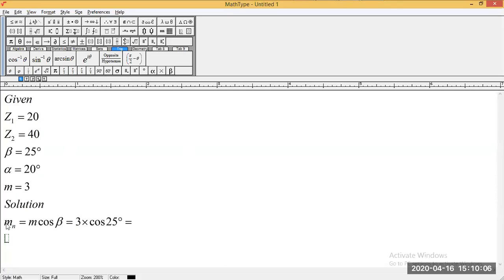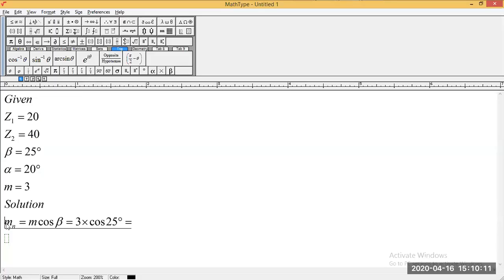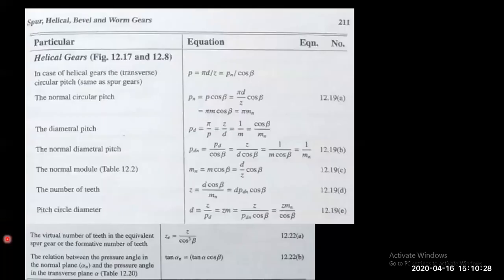This is the first thing, transverse module.